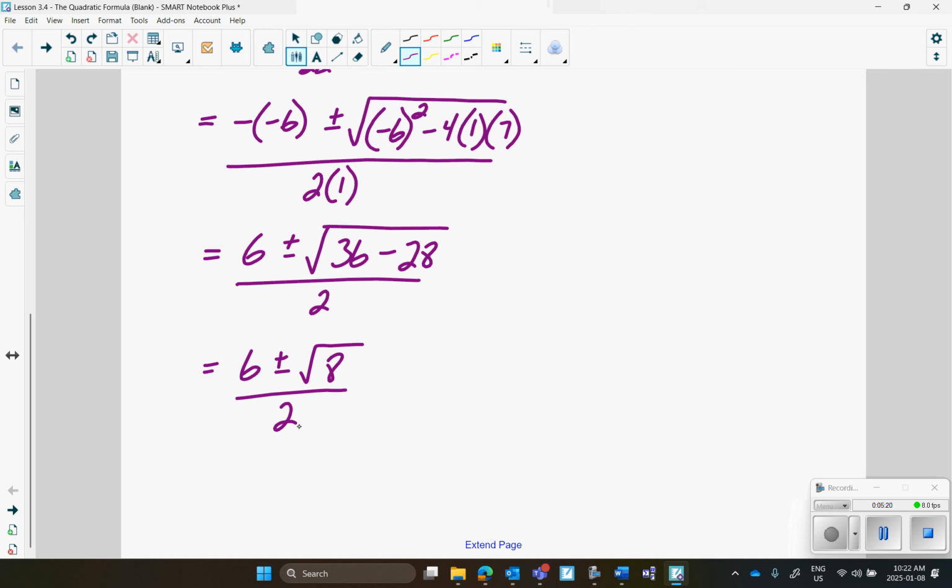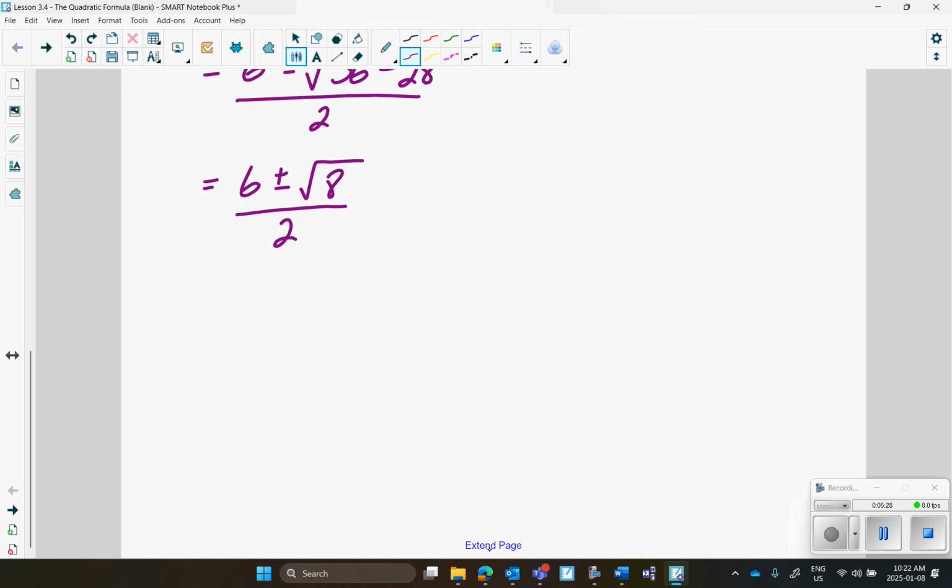The question is, can I keep going? You actually can, because what can you do with the root 8? Doesn't that simplify? Doesn't this become root 4 times root 2, which means it becomes 2 root 2, divided by 2.